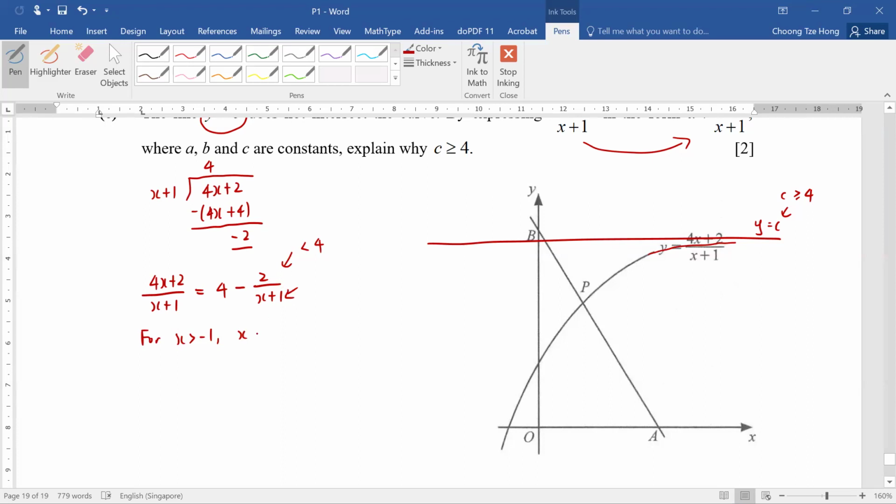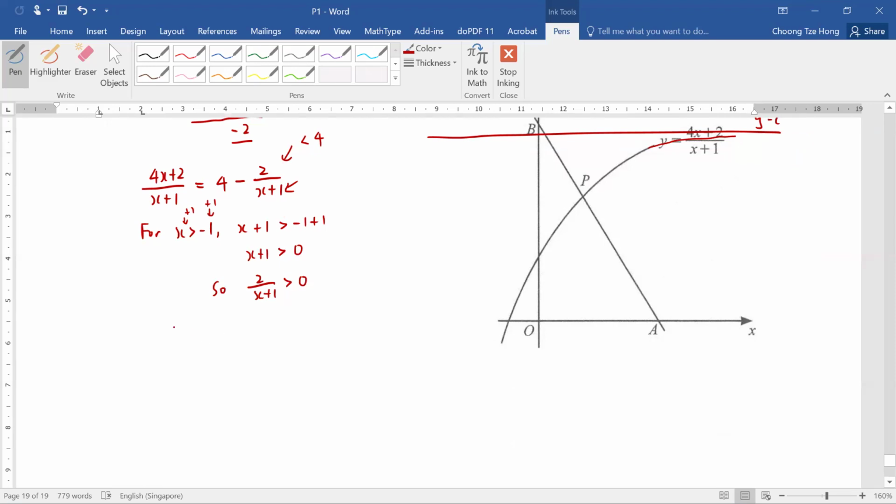If x is greater than negative 1, then x plus 1 will be greater than negative 1 plus 1. I just add 1 to both sides. So x plus 1 will be greater than 0, in other words positive. And if x plus 1 is positive, then 2 over (x + 1) will also be positive.